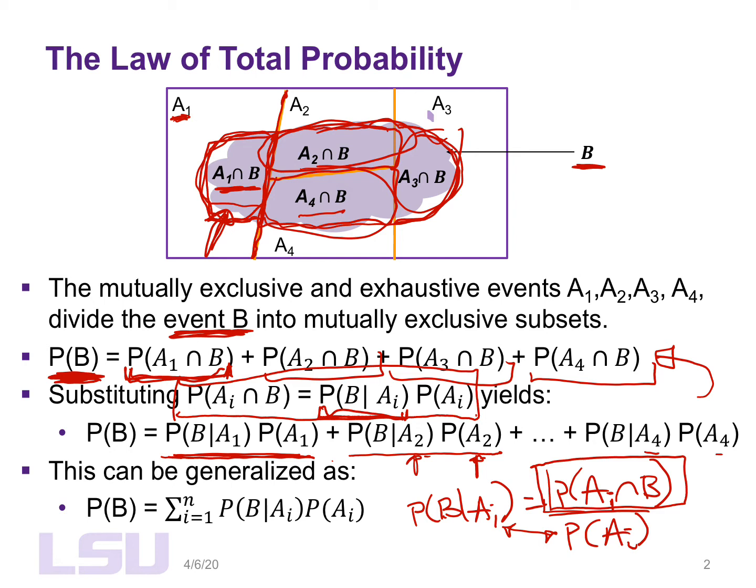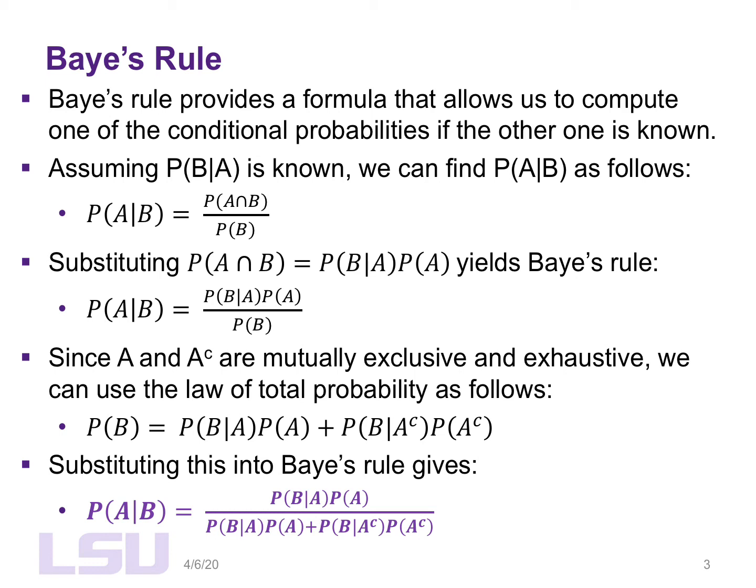And that's your general equation, which you can write using summation, right? And use Ai's, so for all i's going from 1 to 4, if there are 4 mutually exclusive and exhaustive events. And this is your law of total probability, which we'll be using to come up with the Bayes rule given here.